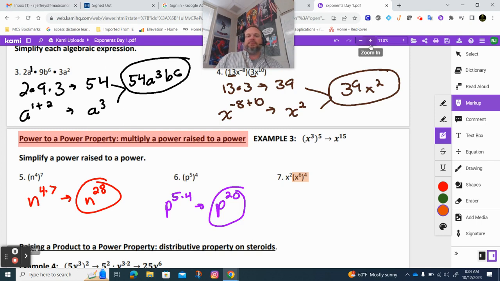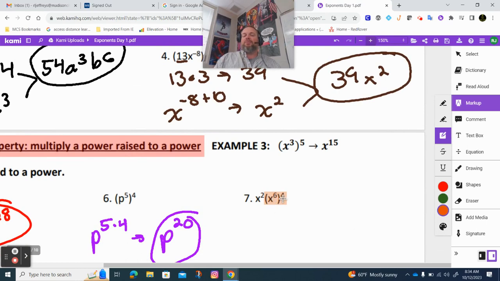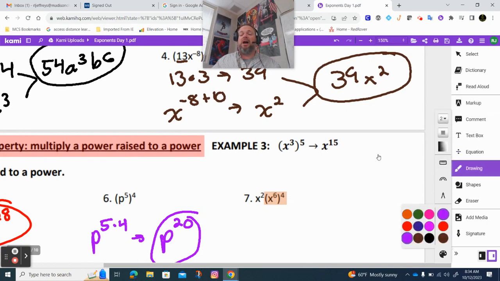Let's get a closer look. Yeah, because this is a parentheses exponents. Yeah, PEMDAS. Yeah, so we have to do this first.